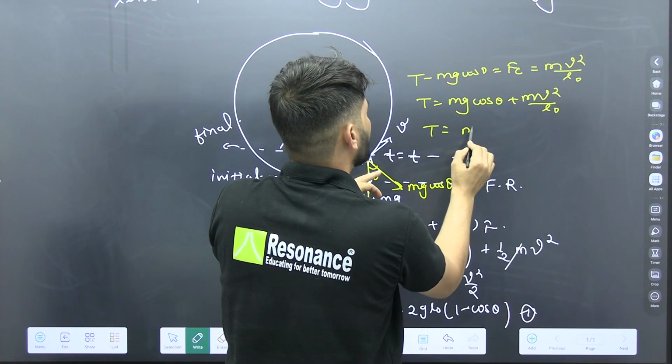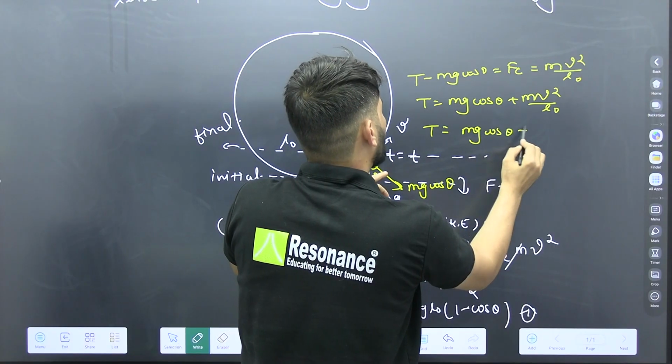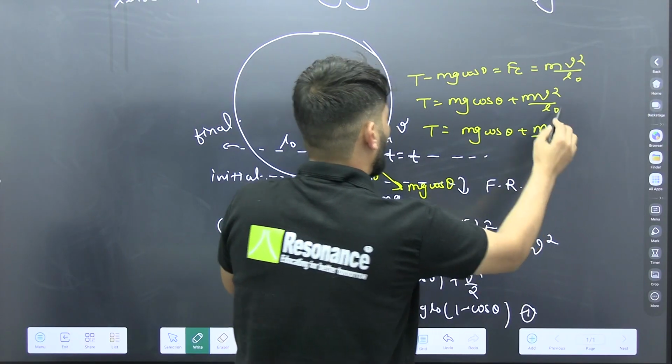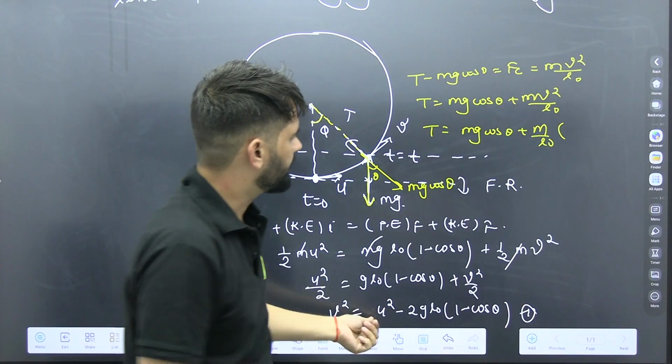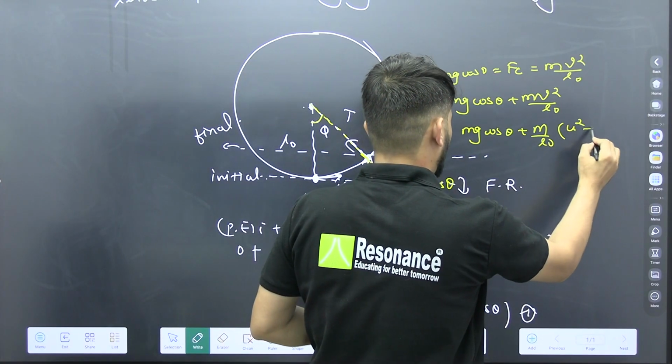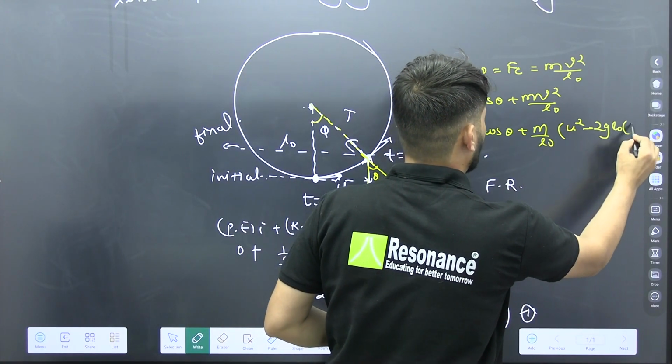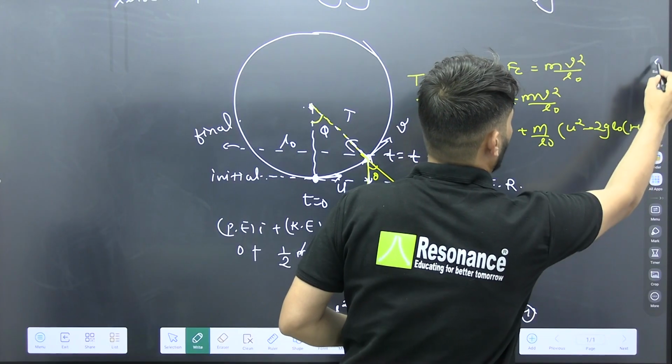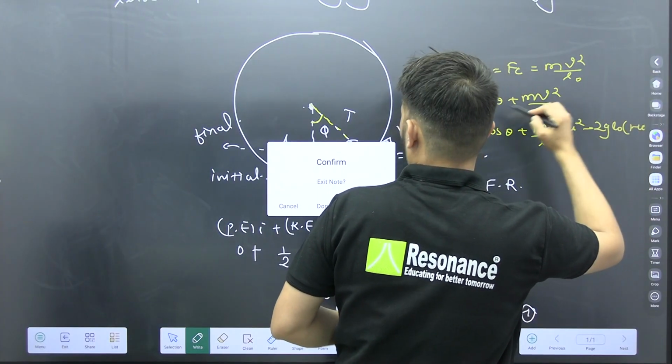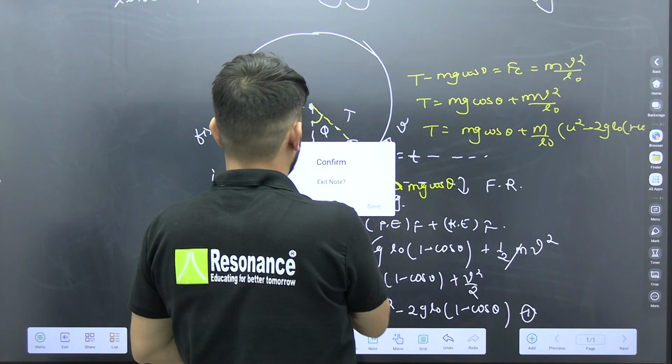T is equal to mg cos theta plus m by L naught times v square. We can substitute this value, u square minus 2gL naught 1 minus cos theta.